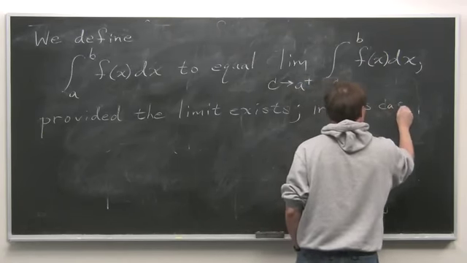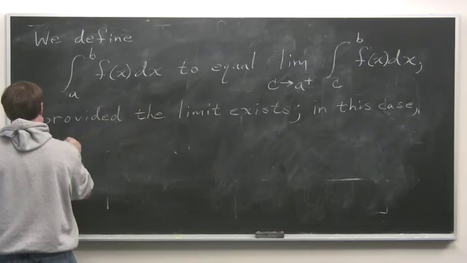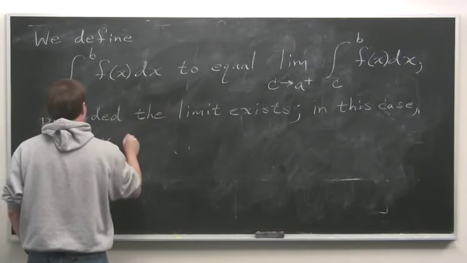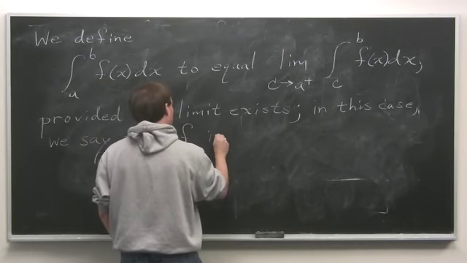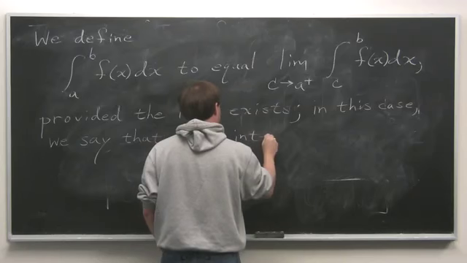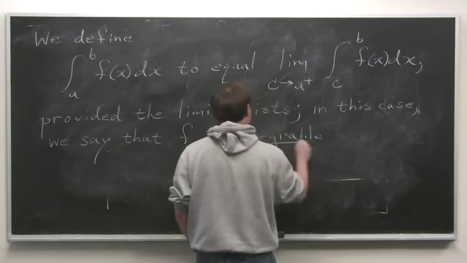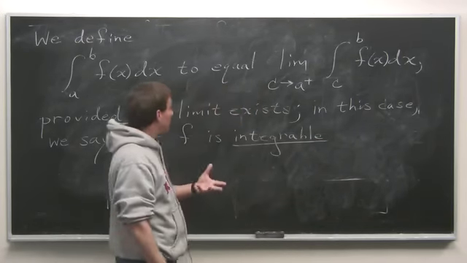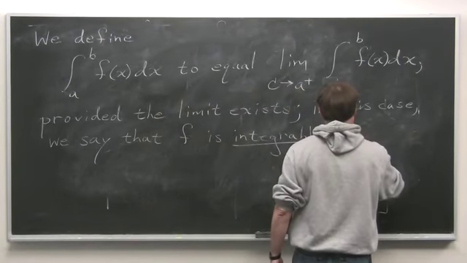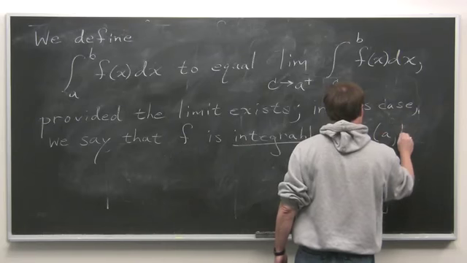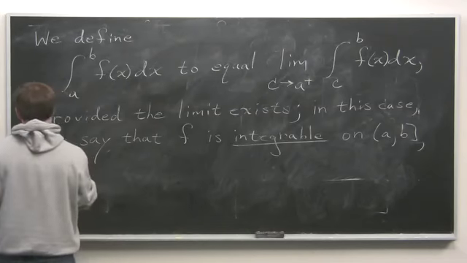And in the case that the limit exists, we say that f is integrable, without modifying it by the word Riemann. We just say f is integrable on the half-open interval, or we say the integral converges.